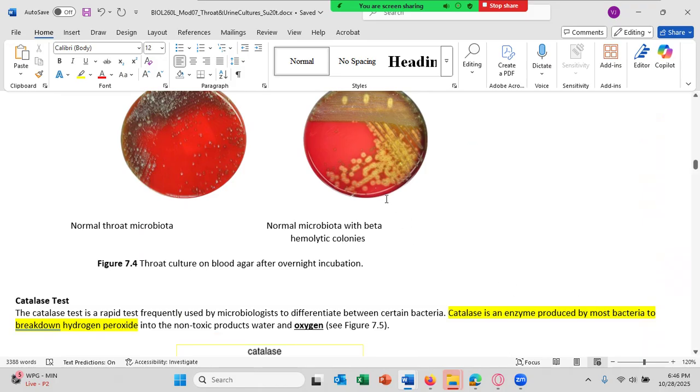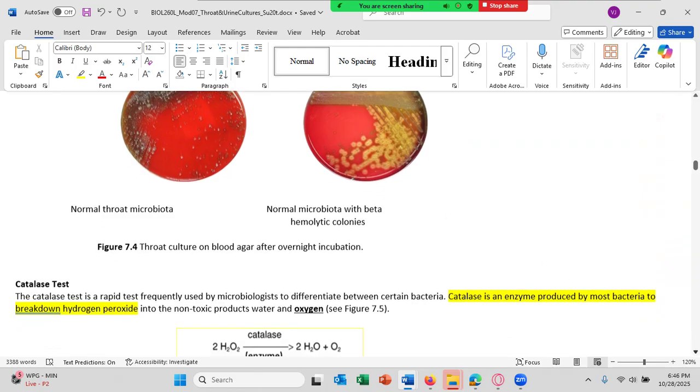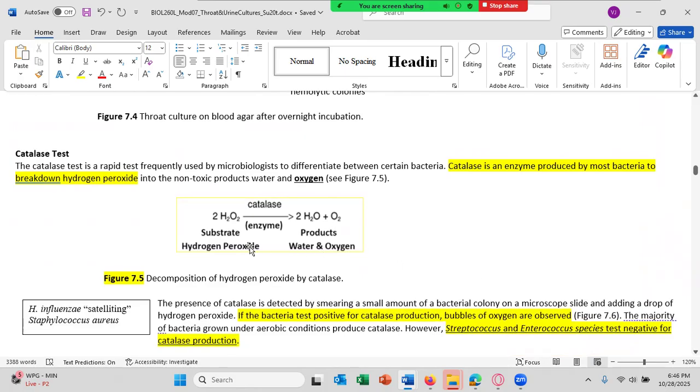So you get the bacteria having beta hemolysis on a blood agar plate and put it on another plate. And then you apply hydrogen peroxide to the cells to see if they produce catalase. Hydrogen peroxide in the presence of catalase converts into water and oxygen. The oxygen produces bubbling in the hydrogen peroxide.